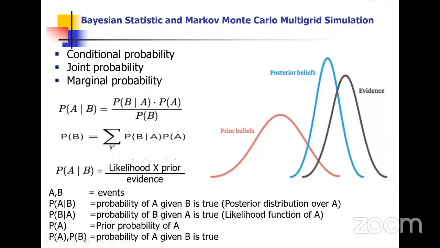So this is what it means, if you can see my graph. First of all, there's a prior belief. Then there's the evidence, which is the likelihood of that happening. If you combine these together, you now come up with your posterior belief, which is your probability. And that is why when we do stochastic inversion, we do several realizations.